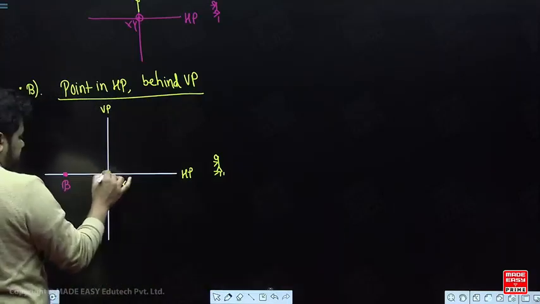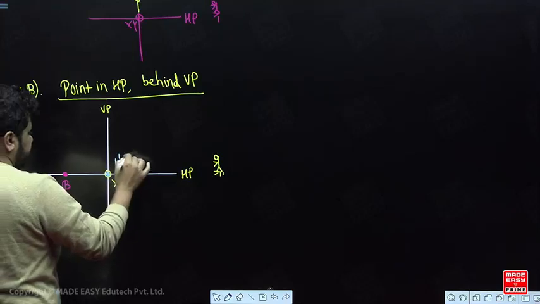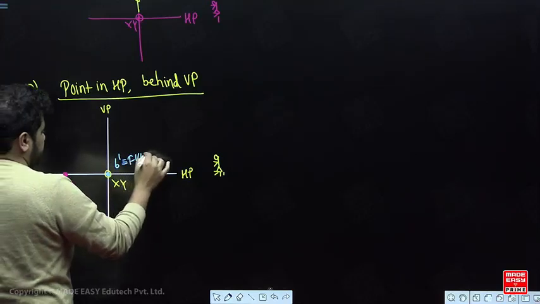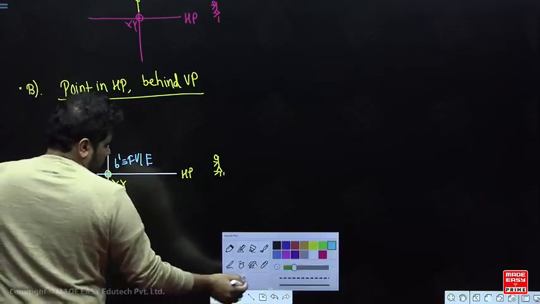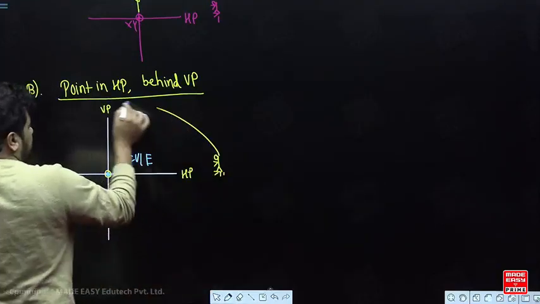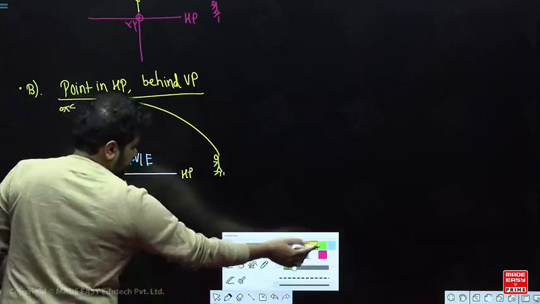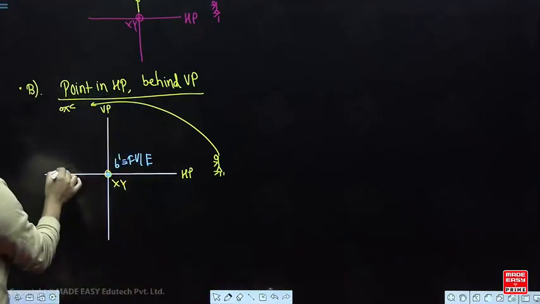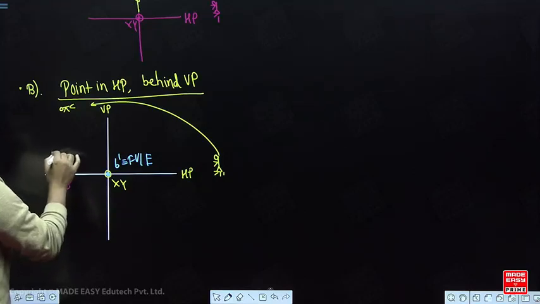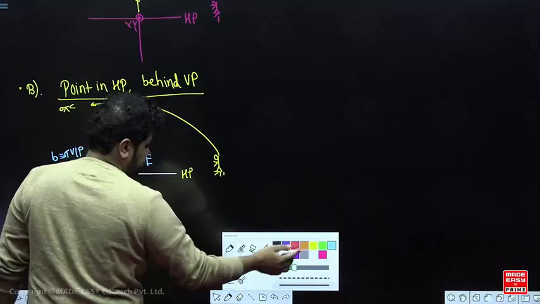From the front, its projection will be here, B dash, front view or elevation. And when the observation is taken from the top, where will it go? So this will coincide over here. So this is your B, top view or plan, isn't it?